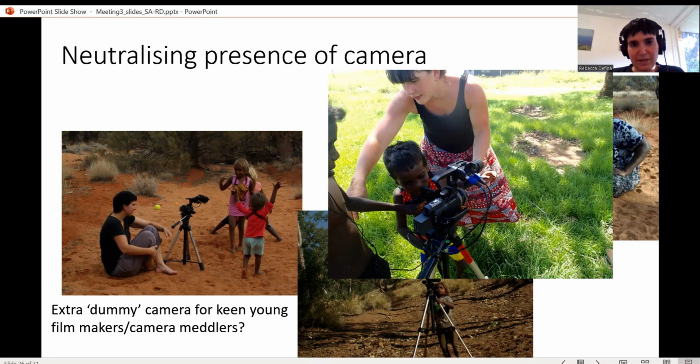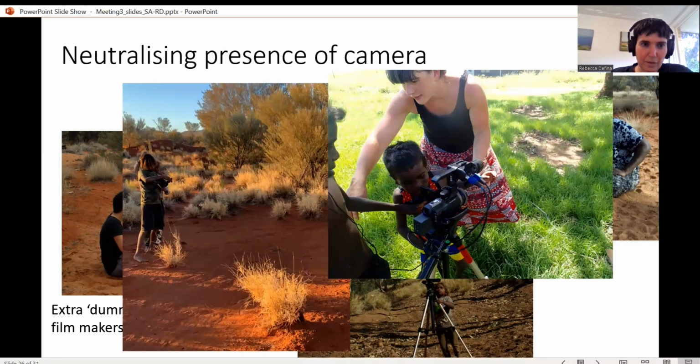It's Lucy working with a family who are there using the video camera themselves. And this is, again, Lucy also using the dummy video camera, so with children having their own camera there.